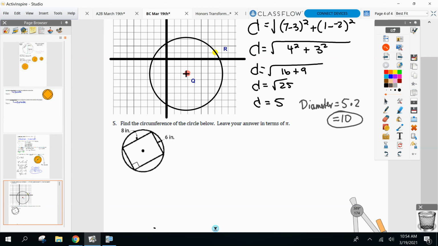The abbreviation for circumference is just C, right? Say that one more time. The abbreviation for circumference is just C, right? C equals, and then whatever one of the two formulas you're going to use. Yes.